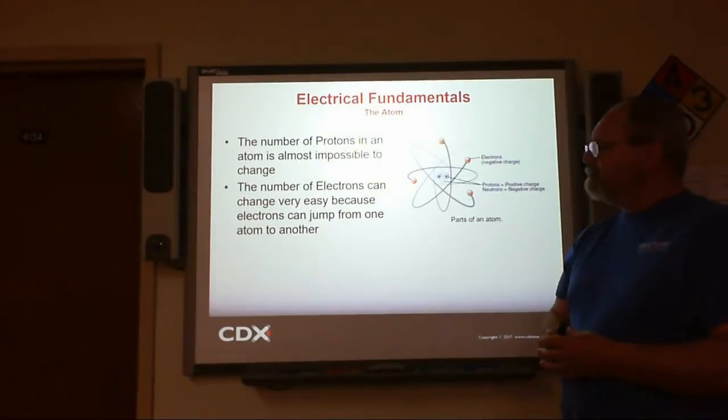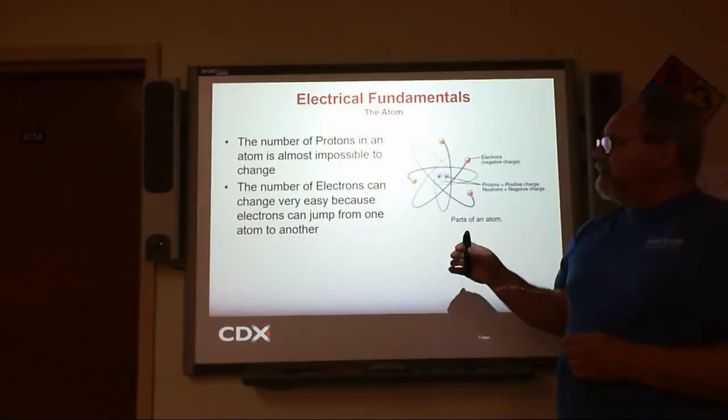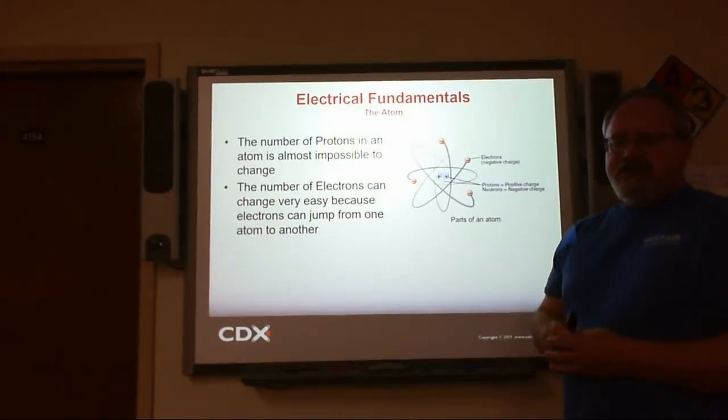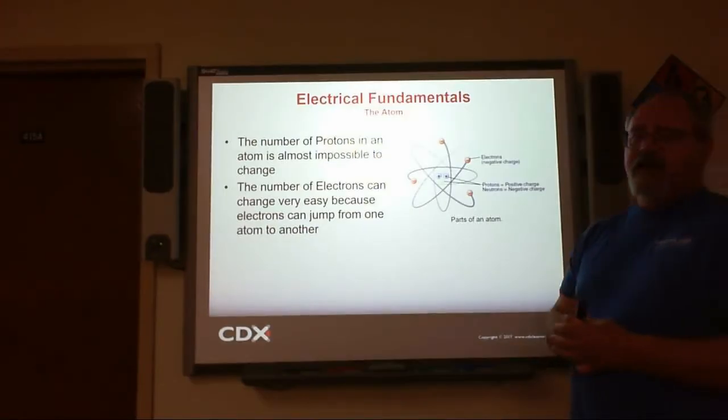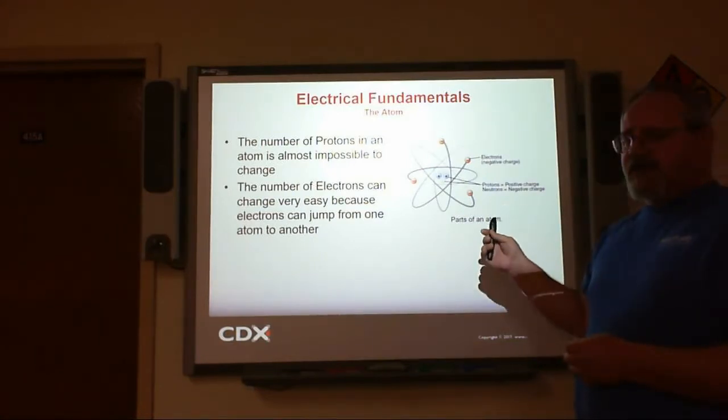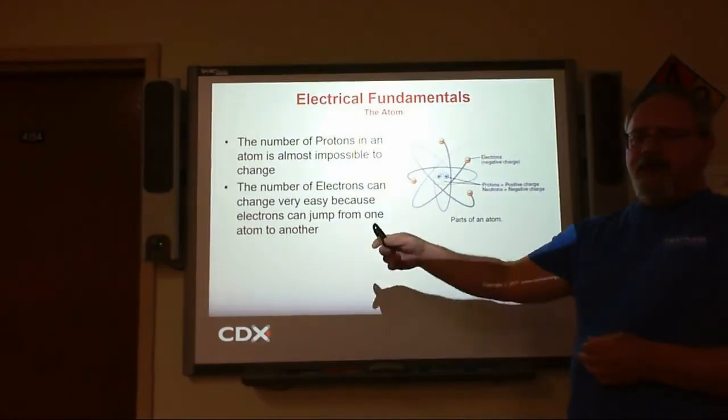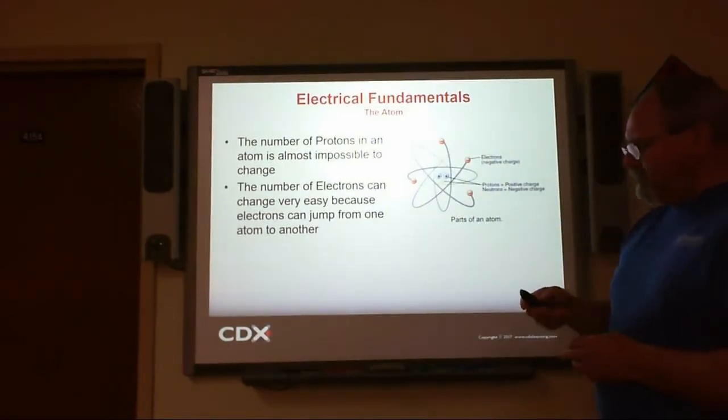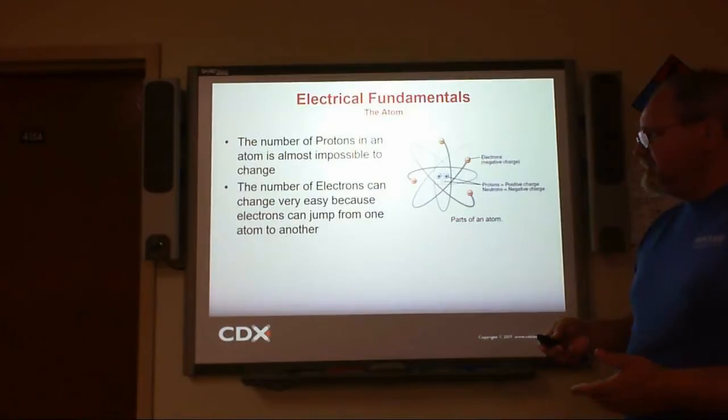It can be split. Now, the protons are very static. If you change the number of protons, you change what that element is. Electrons, on the other hand, are more versatile. Electrons can jump from one atom to another. So we can say they have a tendency to flow.